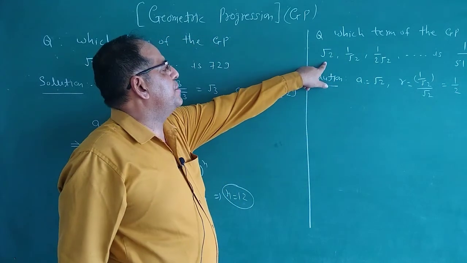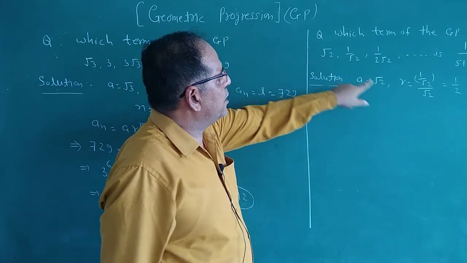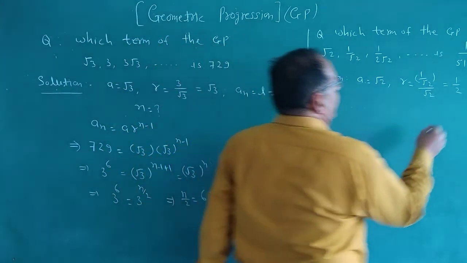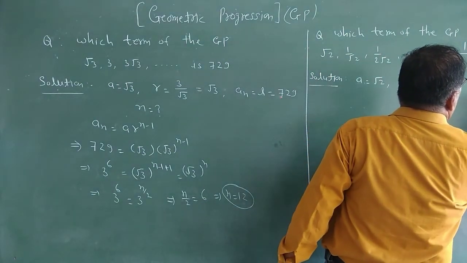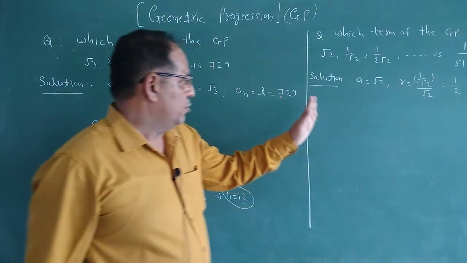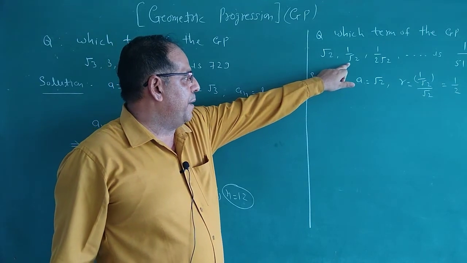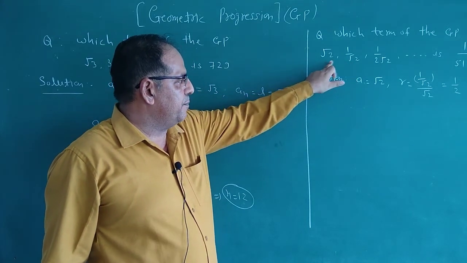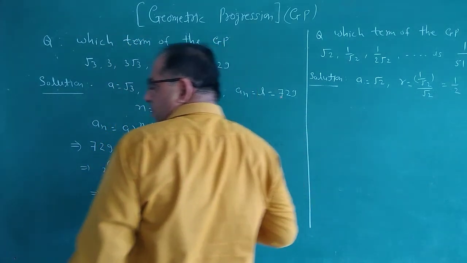Here the first term is root 2, common ratio 1 upon root 2 upon root 2, that means 1 upon 2, and AN is given 512 square root of 2. So A is given, R we can find after dividing second term by first term, and nth term also is given here.